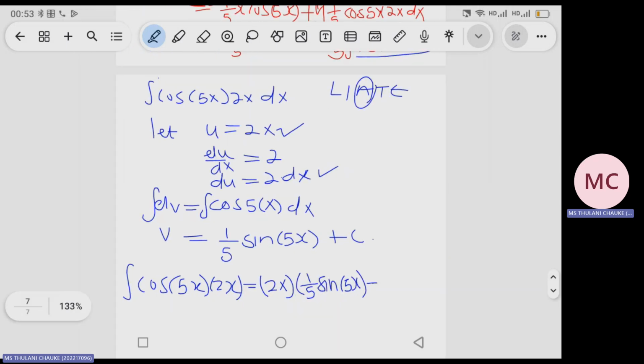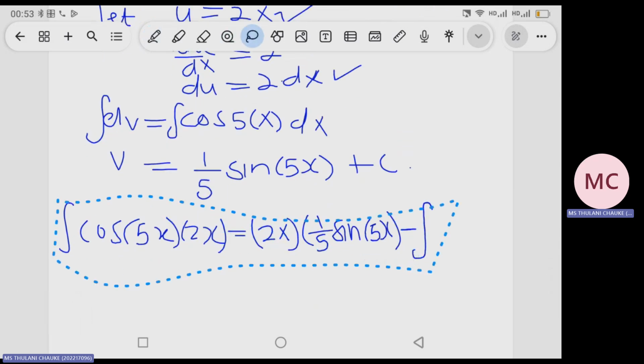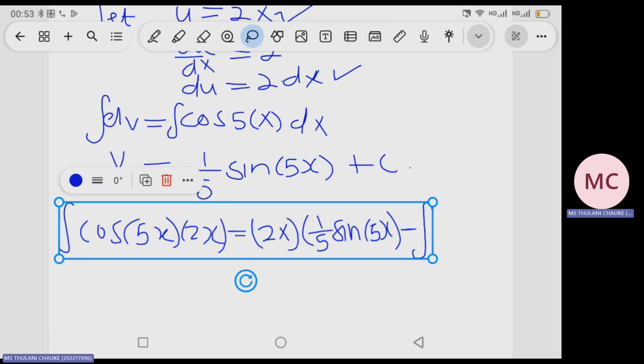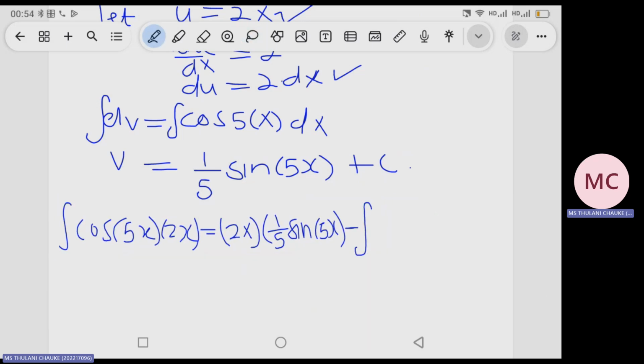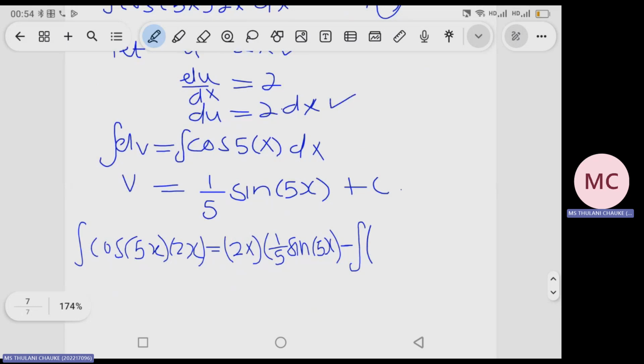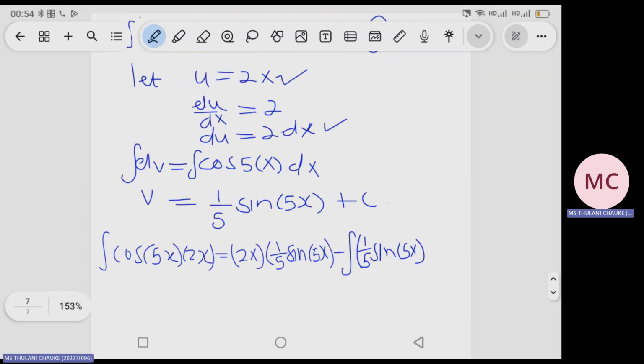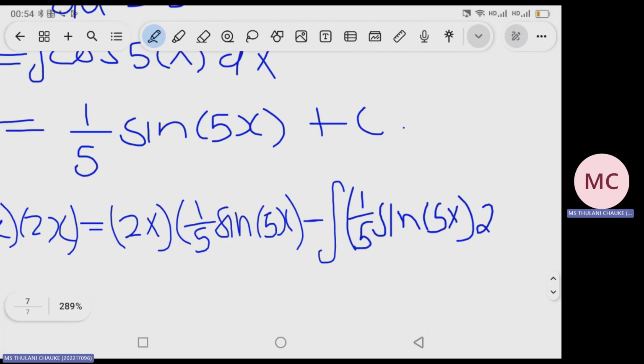Then we know we have minus the integral of v. So let me just reduce this. The integral of v, we're going to replace this part with v, which was that, and the value of u is 2 dx.